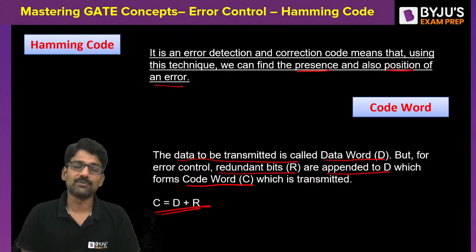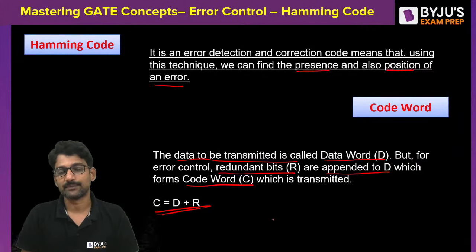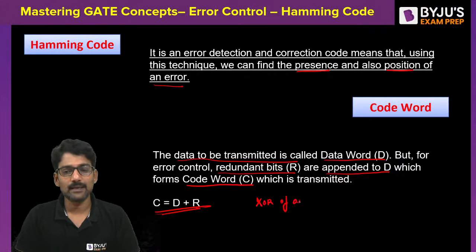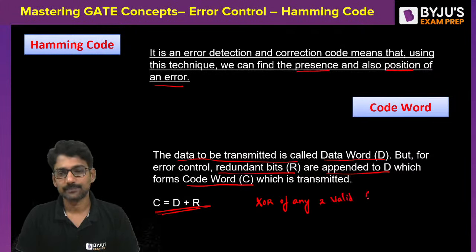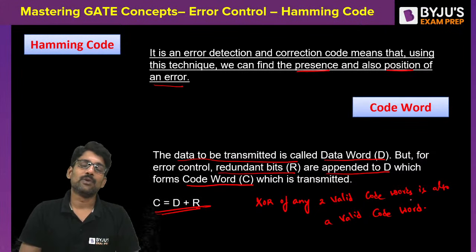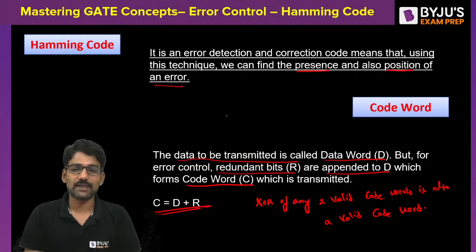In these code words, we will have valid code words and invalid code words. We say the XOR of any two valid code words is also a valid code word. How do you say which is valid or invalid? We know redundant bits for the D are added.